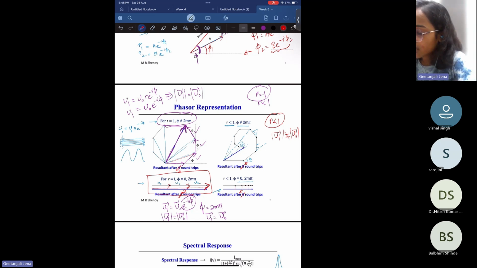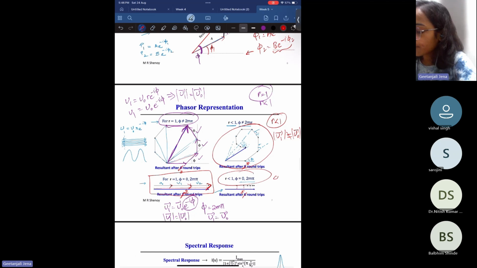If you see this figure, you can easily see the amplitude is gradually decreasing over time, and there is no building up of amplitude over the round trip of the propagating wave.